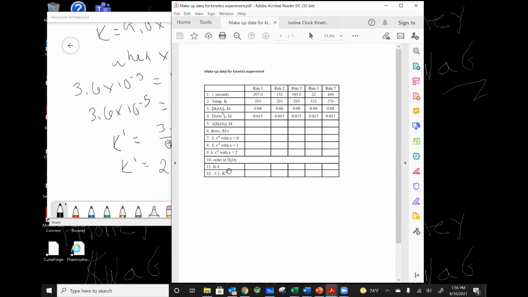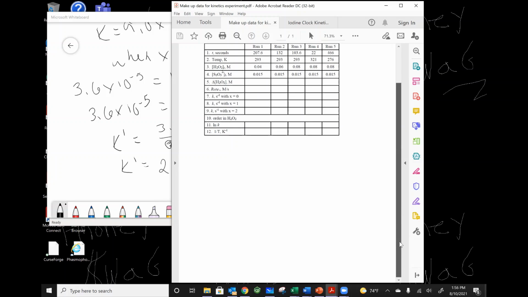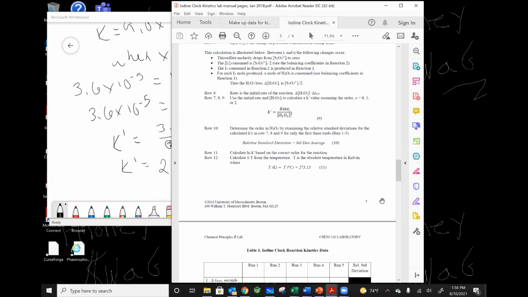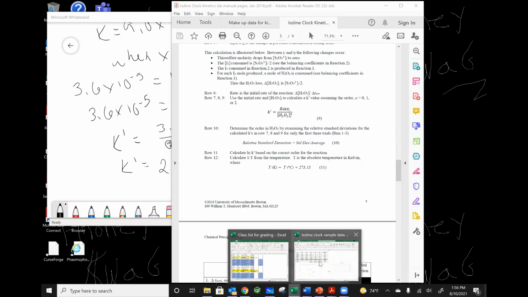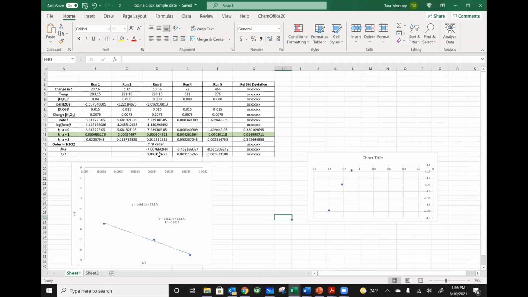And then once you do that, we can do the ln of K. And row 12. Let me see what I have for row 12. G5 divided by D5. Oh, okay.